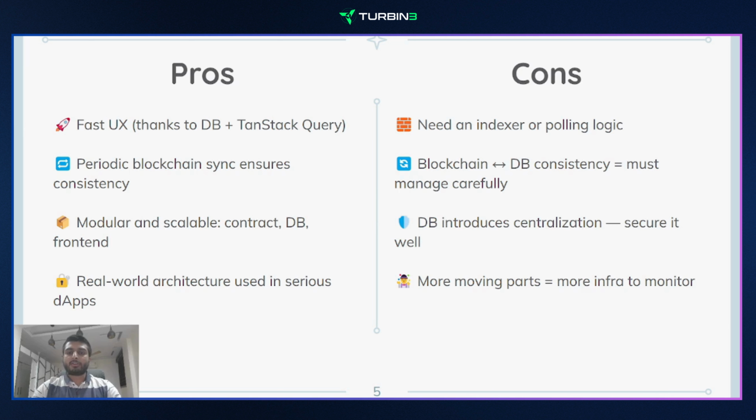Blockchain and database consistency must be carefully managed, and having a database introduces centralization, but it can be managed in ways like keeping most of the data on the blockchain, where it remains the source of truth, and only the read operations and analytics happen from the database. There are a lot of moving parts now, so a lot of things can go wrong and break.